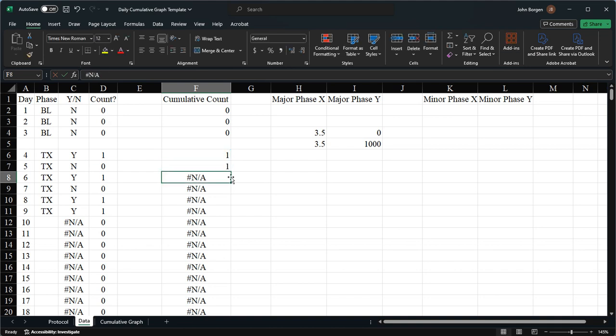I hit enter. Now it is saying I take 1, I add 0. Now, if I left click in F7 and I come to our handy dandy fill at the bottom right, you can tell I'm hovering over the right part when it changes from a cross with a white fill to a smaller cross with a black fill, or a plus.